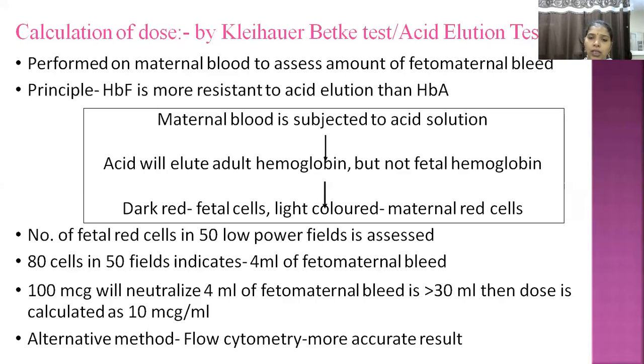If it is more than that, for every 1 ml we have to increase by 10 micrograms. Suppose it is 40 ml: 40 into 10 is 400 micrograms, so we have to give 400 micrograms of anti-D. The alternative method is flow cytometry, which gives more accurate results, but the most commonly used is the Kleihauer-Betke test.